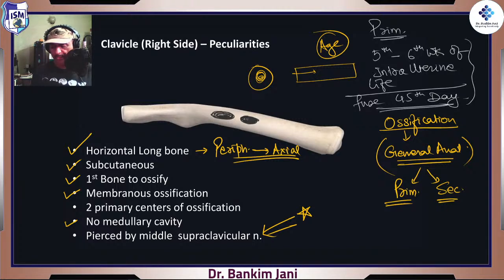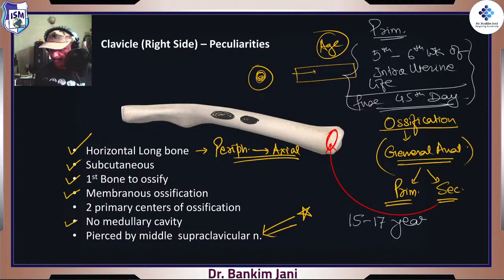They just fuse. But then those secondary ossification centers, which I'm drawing, right? This is the secondary ossification center. See how important this can be? It will appear after 15 to 17 years.